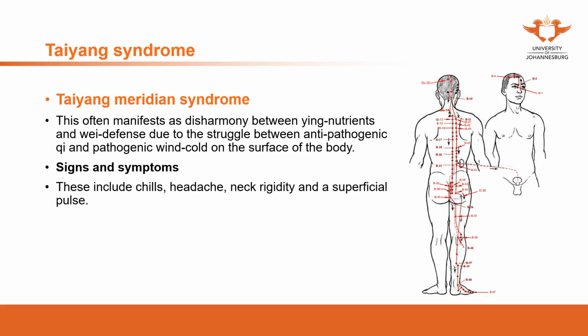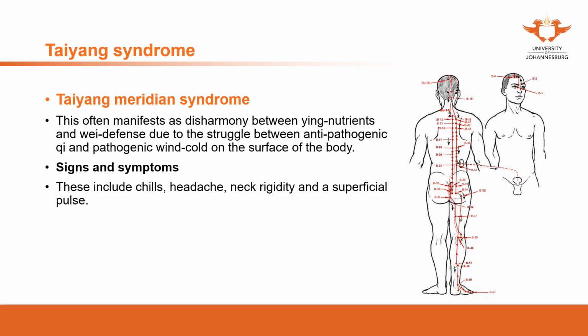So the first one, the Taiyang syndrome. The Taiyang syndrome can be divided into Taiyang meridian syndrome and Taiyang Fu syndrome. We're going to study the Taiyang meridian syndromes first. The Taiyang meridian syndromes can be further divided into wind attack or cold attack.